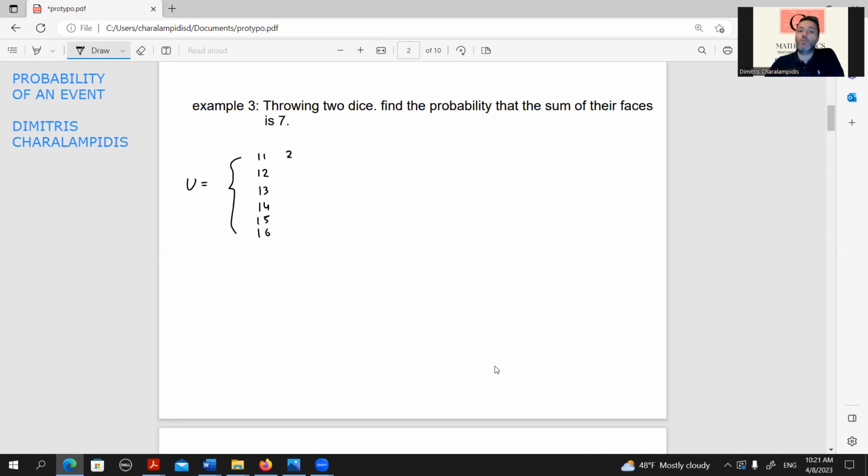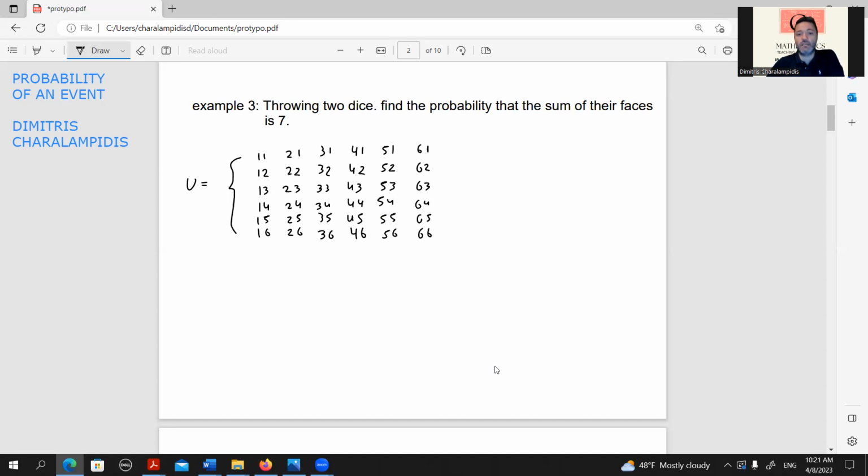Let me write them. 1,1; 1,2; 1,3; 1,4; 1,5; 1,6; 2,1; 2,2; 2,3; 2,4; 2,5; 2,6; 3,1; 3,2; 3,3; 3,4; 3,5; 3,6; 4,1; 4,2; 4,3; 4,4; 4,5; 4,6; 5,1; 5,2; 5,3; 5,4; 5,5; 5,6; and finally 6,1; 6,2; 6,3; 6,4; 6,5; and 6,6, respectively. So, in total, its cardinality will be equal to 36.